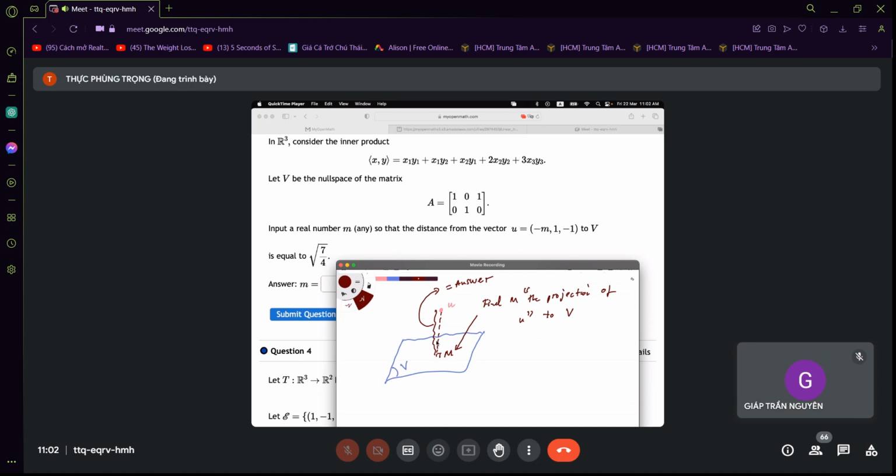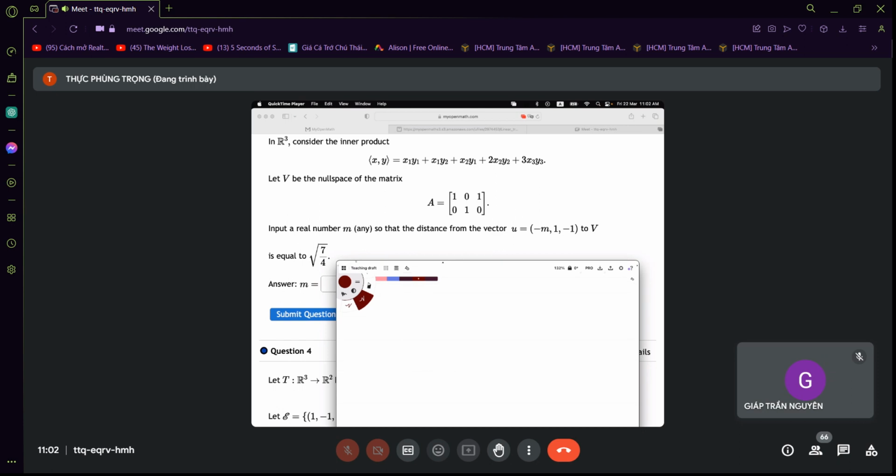Another way is that I think you already saw this one from the previous class, right? Anyway, so another way is that, let's say you have a point, or if you want, you can consider this as a vector.